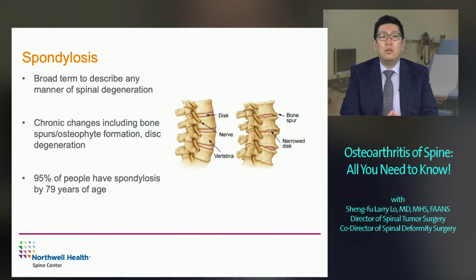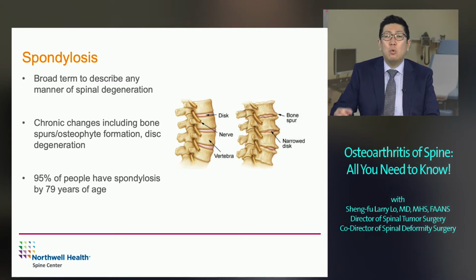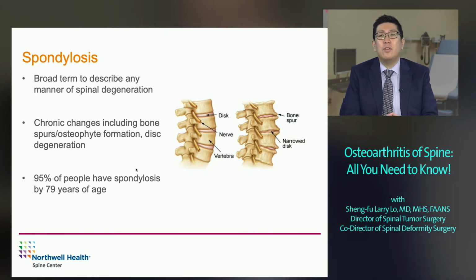Another terminology we commonly hear is spondylosis. It's a very broad term that describes any manner of spinal degeneration. We already went over one manner of spinal degeneration, which is disc degeneration. But another very common form is the formation of bone spurs.